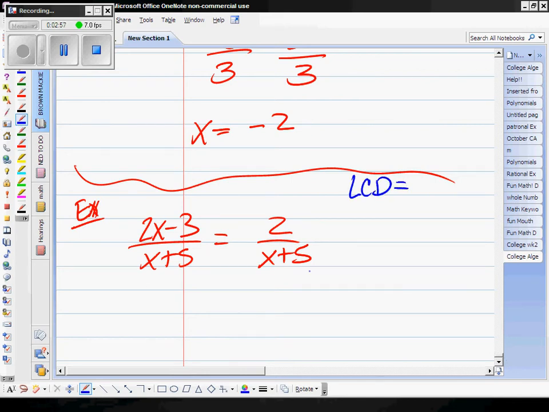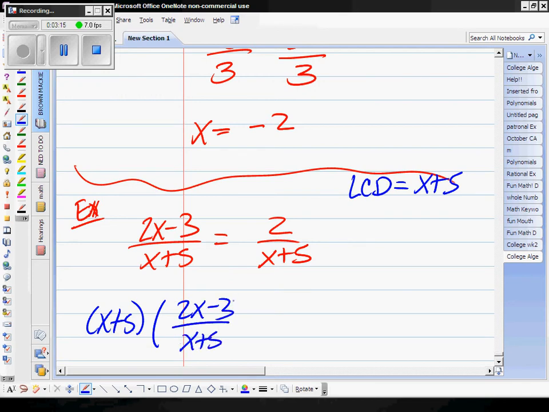So, looking at our denominators, they're the same, right? So that's x plus 5. So we multiply everything by x plus 5. So we say x plus 5 times 2x minus 3 over x plus 5 equals x plus 5 times 2 over x plus 5.